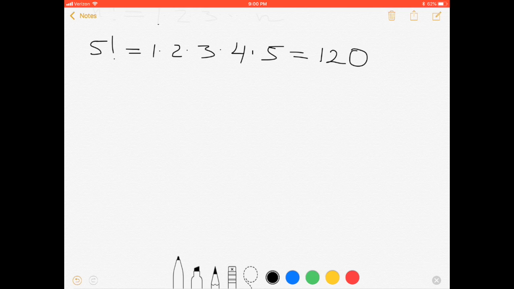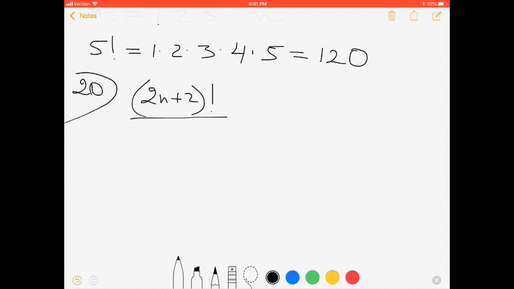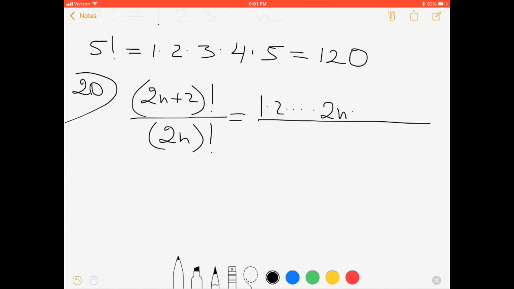Okay, and now solving a couple of examples. Number 20. Here it only asks us to simplify this expression. Here you have (2n plus 2) factorial over (2n) factorial. We can remember the definition. This means your numerator is 1 times 2 and continue until 2n, then what comes next? Because we have this in the denominator, I'm trying to simplify.